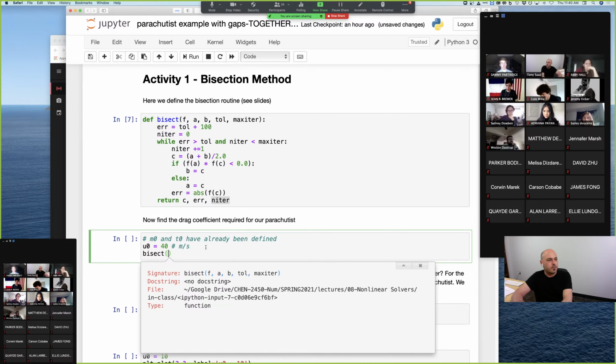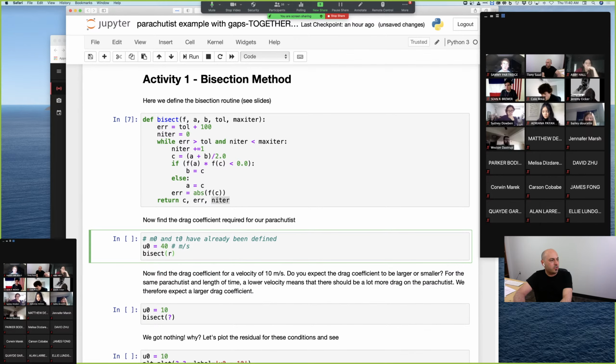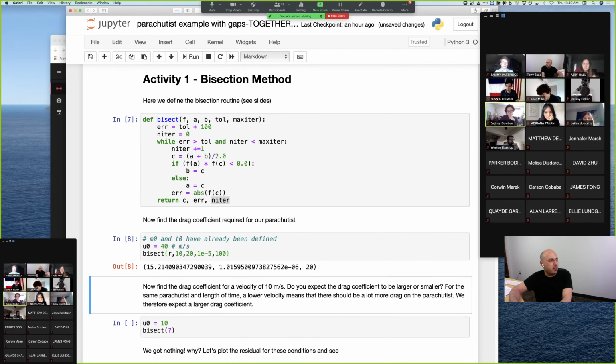I think you're going to put R. R. Okay, that's the residual function, just the name of the function. And then we want our bracket to be, let's say, 10 and 20. So what do we put? 10 and 20. Yep, 10, 20. And for tolerance, let's do 1e to the minus 5. And for maximum iterations, I'm going to do 100. Go ahead and run this.